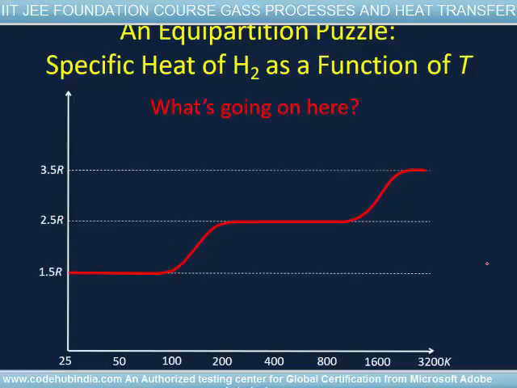So the specific heat as a function of T is like this. There is a temperature. And PV equals nRT, where n is 1, and T equals 1.